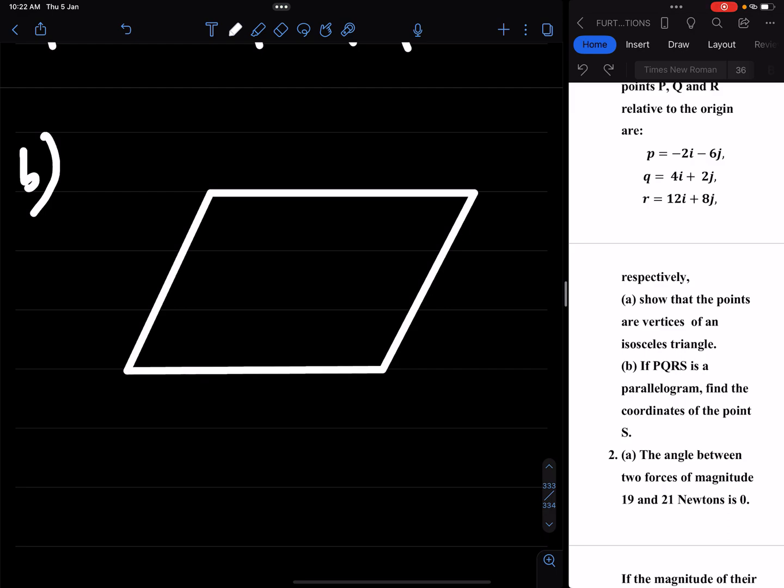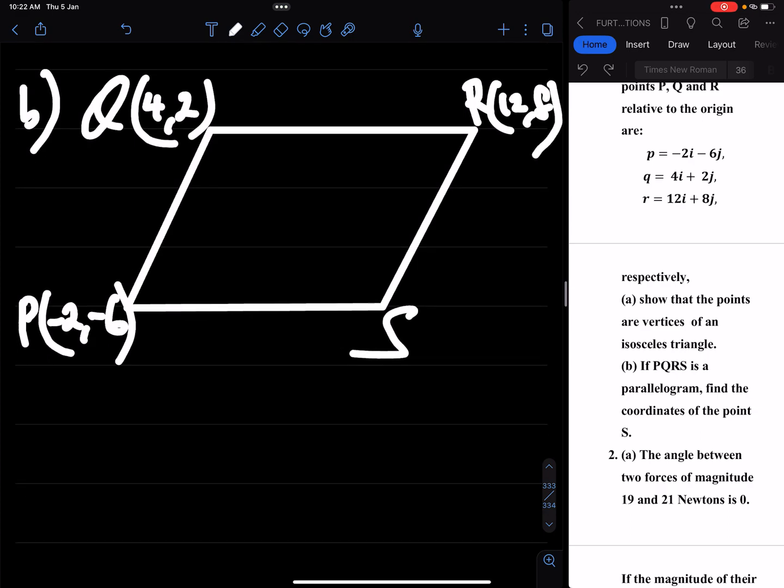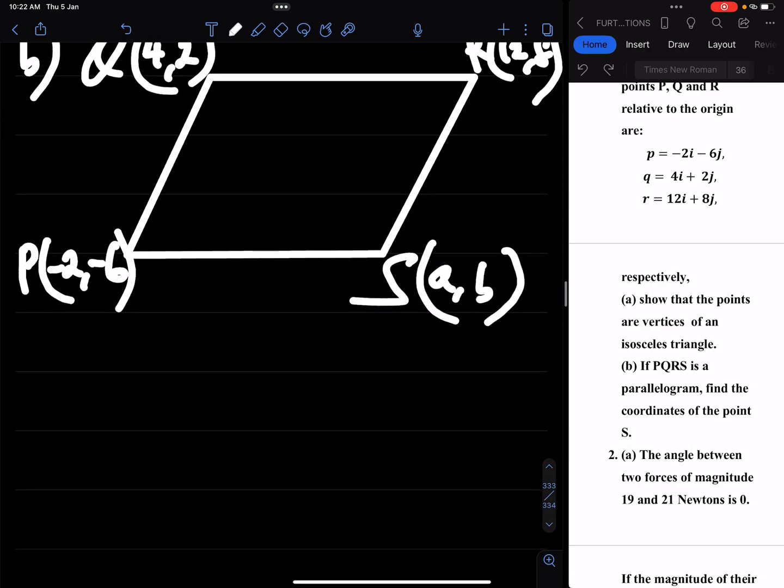This is a parallelogram with vertices P with coordinates minus 2, minus 6, Q with coordinates 4, 2, R with coordinates 12, 8, and S. We don't know the coordinates of S yet, so let me just call them A, B.